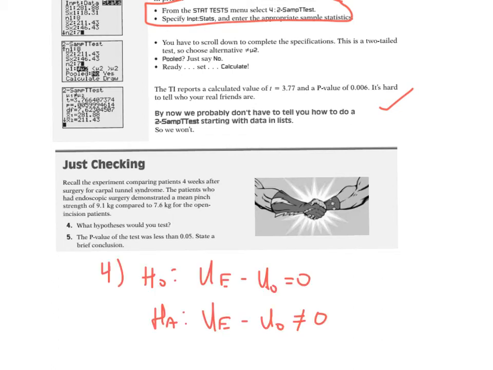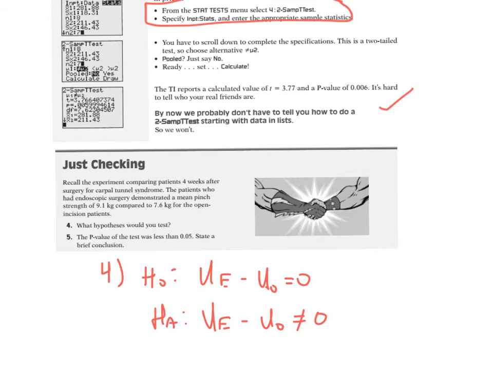All right, so hopefully your null and your alternate hypothesis looked something like that. Basically, your null means that the pinch strength is the same after both surgeries, but then your alternate is that they're different from each other. Because they didn't specify that one is greater than the other, you just say that they're not equal. For number 5, if your p-value is less than 0.05, hopefully you remember you reject your null hypothesis, which means that there is some kind of difference in pinch strength between the patients.